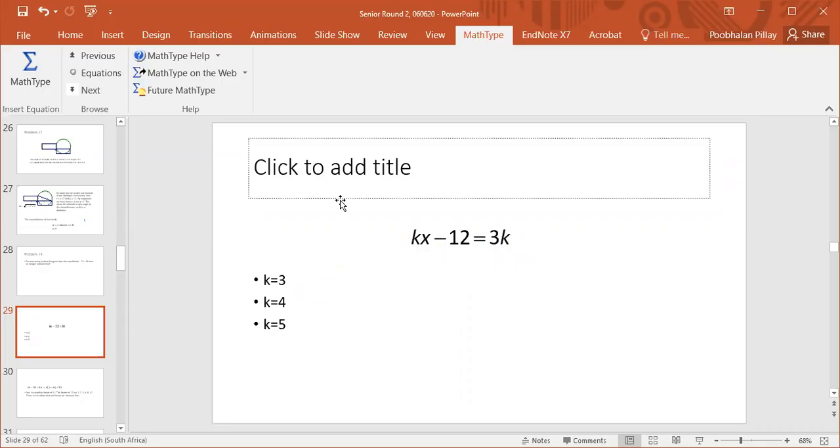So k equals 3 is one of those things which is acceptable. It's an acceptable solution. Right? Now let's try k equal to 5. If you put k equal to 5, you get 5x minus 12 equals 15.